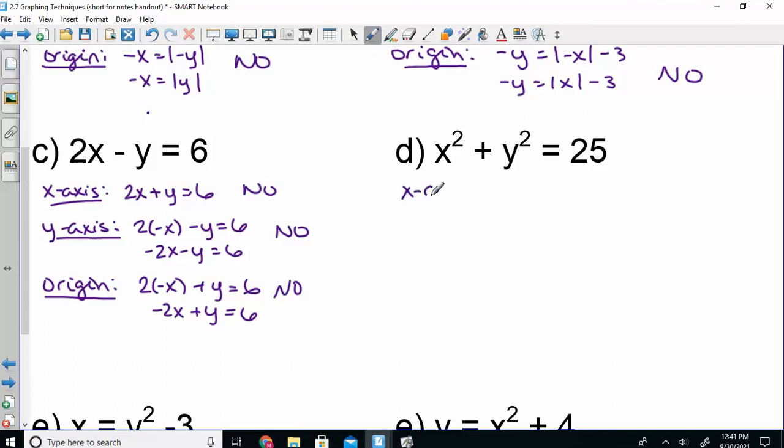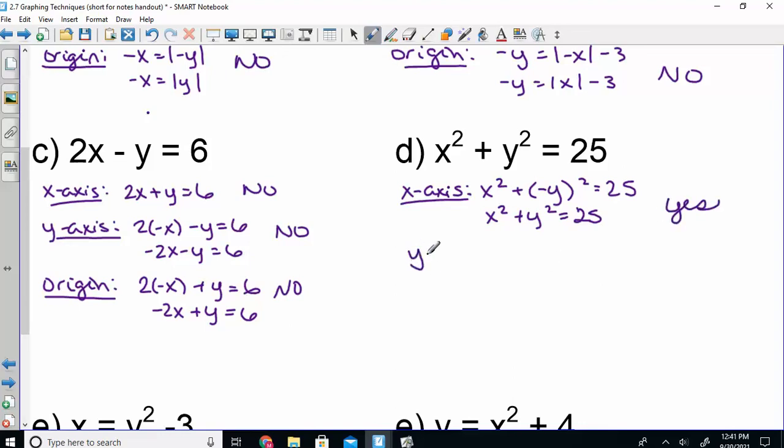All right, last one. So to check my x, if I make my y negative, what happens if you square a negative? It turns positive. So does that match my original?